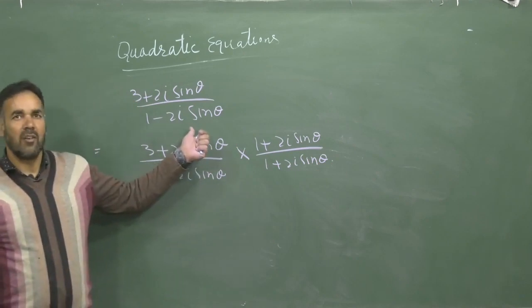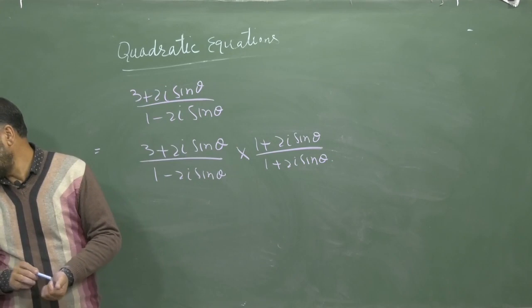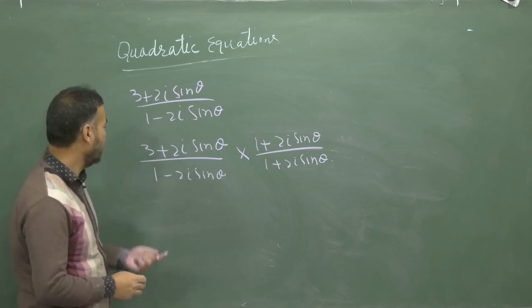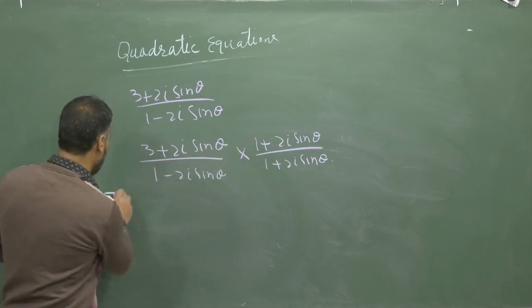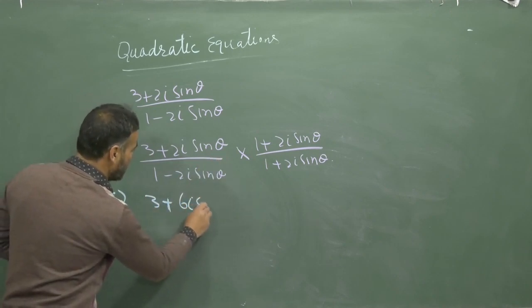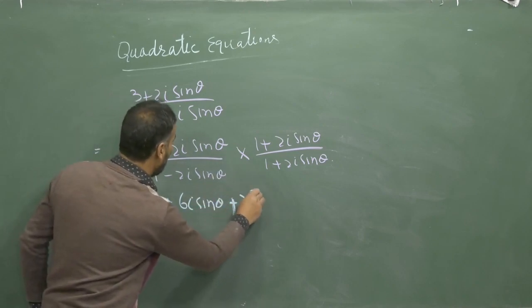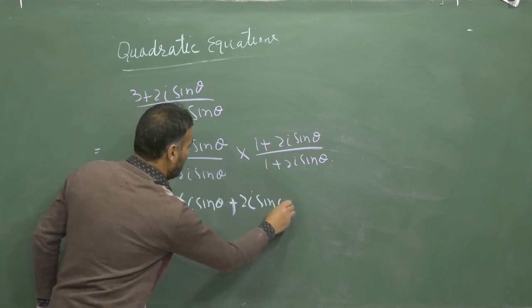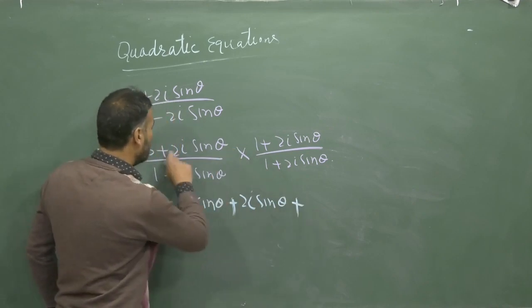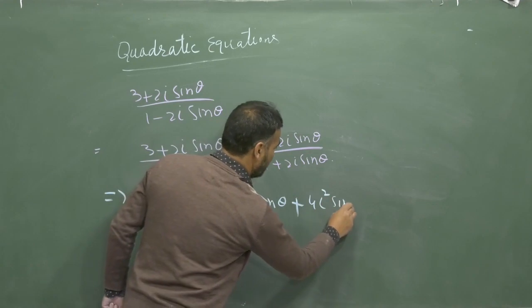So this denominator part we have to rationalize. Now you can simply take the multiplication: 3 1s are 3 plus 3 2s are 6 iota sine theta plus 2 1s are 2 iota sine theta plus 2 2s are 4 iota square sine square theta.